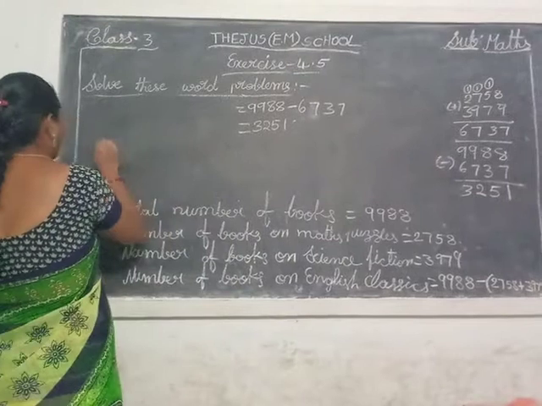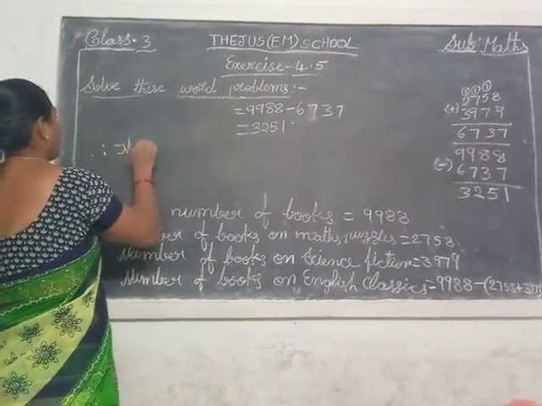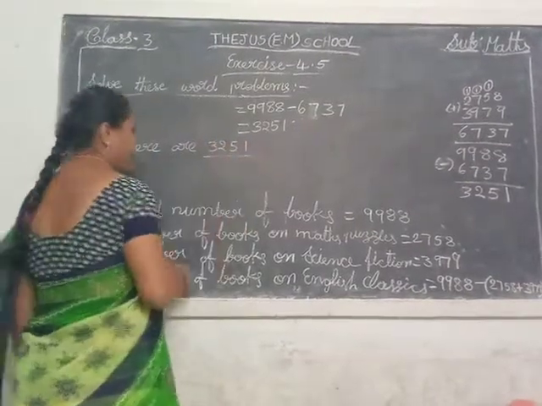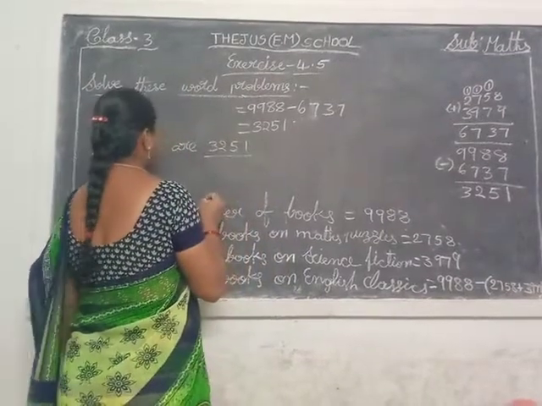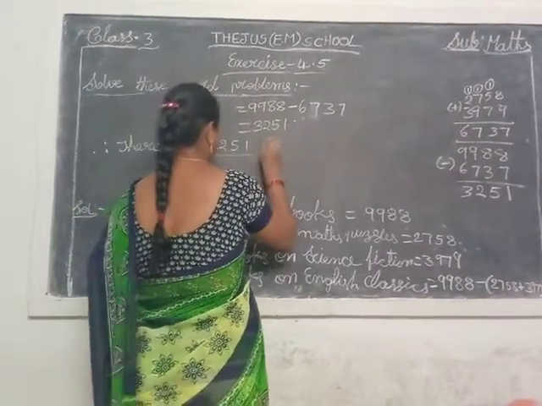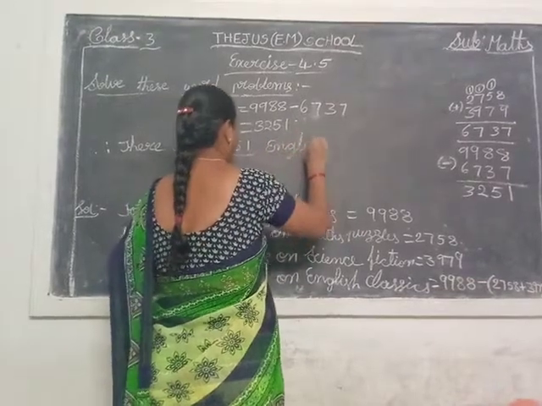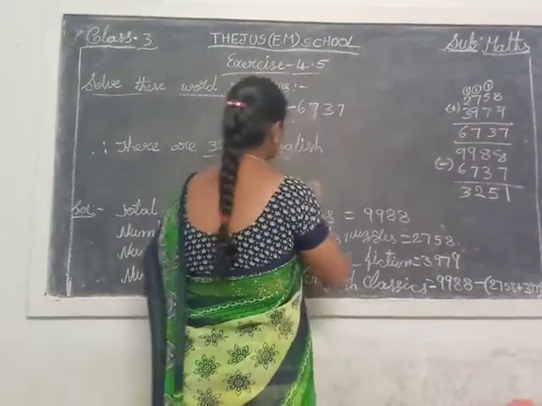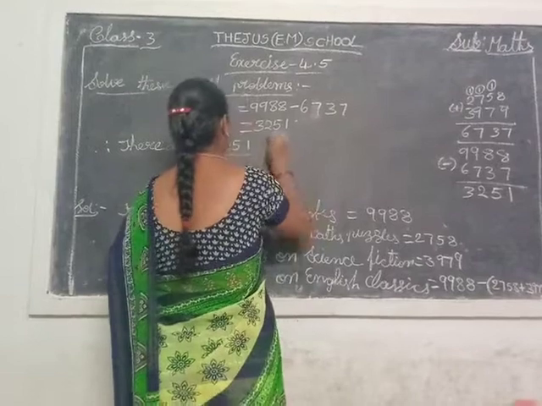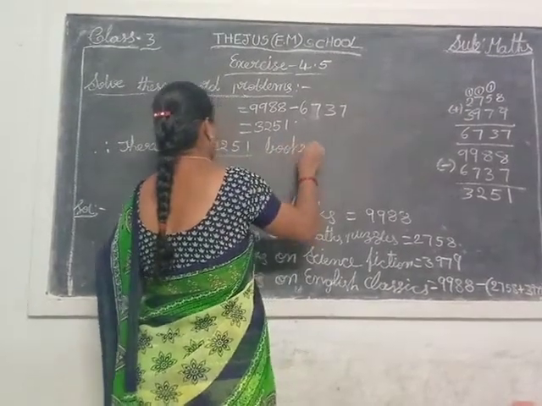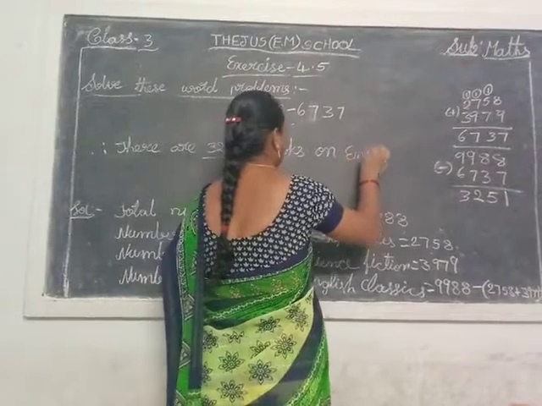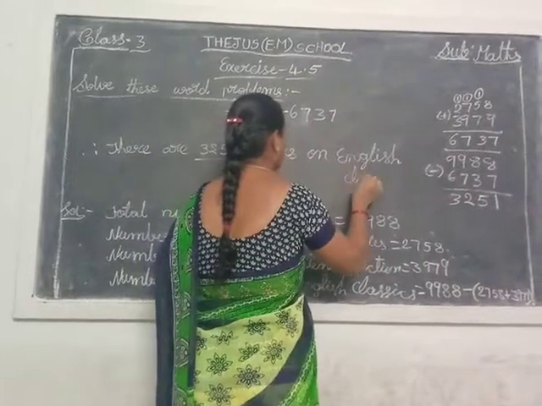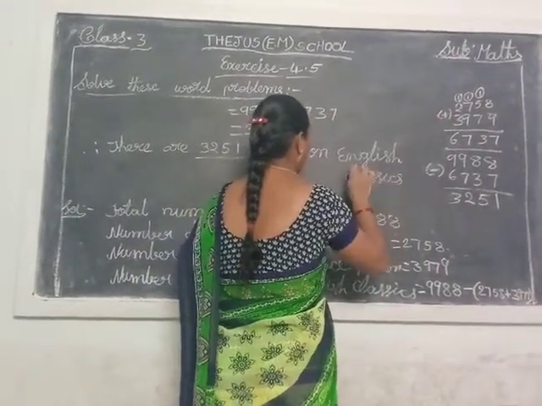So therefore, there are 3251 books on English classics.